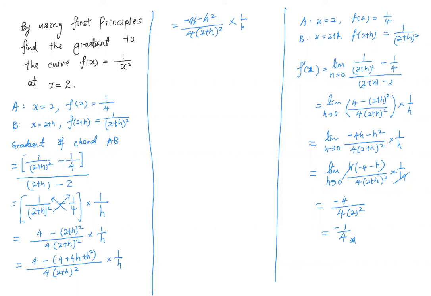Okay. So you see, simplified part is your job already. So that is h times negative 4 minus h divided by 4. Don't expand the bottom, please. Okay, so cancel, cancel. So I got negative 4 minus h over 4 times 2 plus h squared.